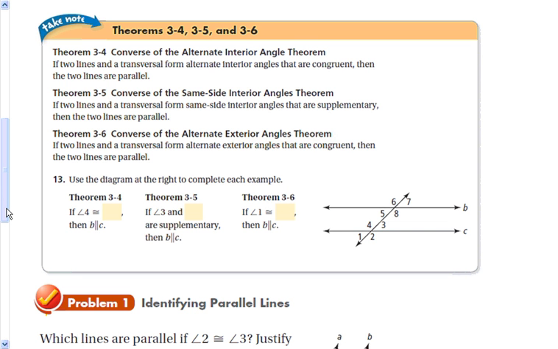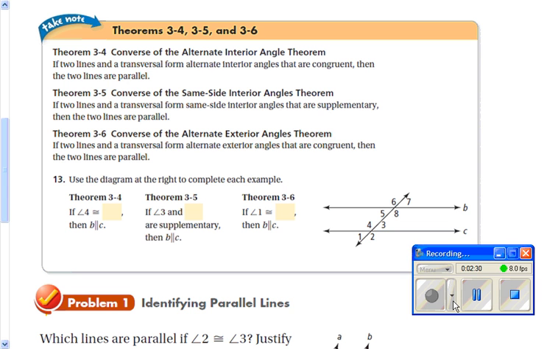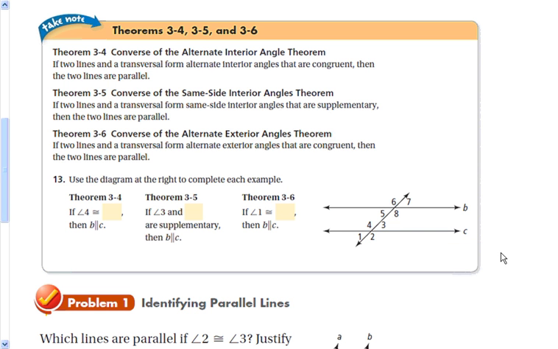In theorem 3.4, the converse of the alternate interior angle theorem, we would have that angle 4 is congruent to angle 8. Those are alternate interior angles, and that would be enough to show that B is parallel to C.